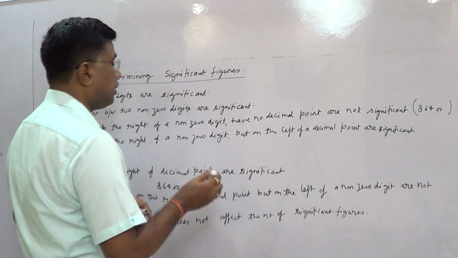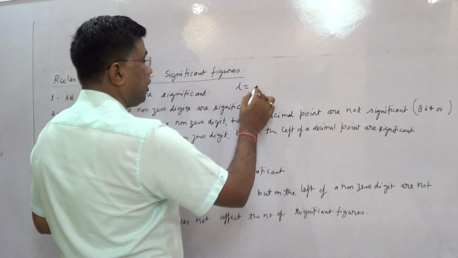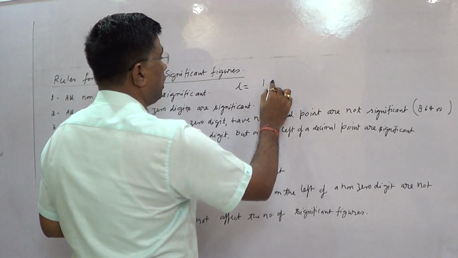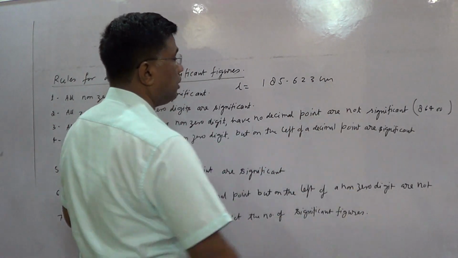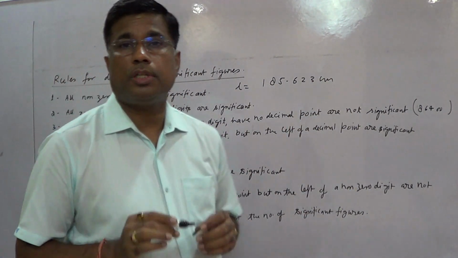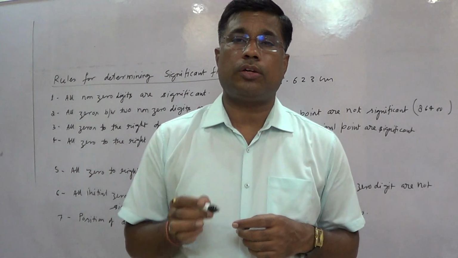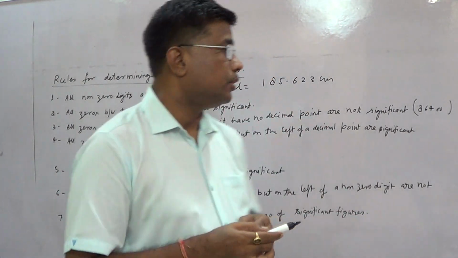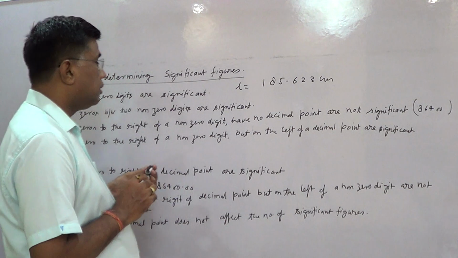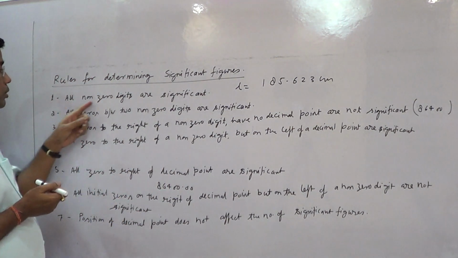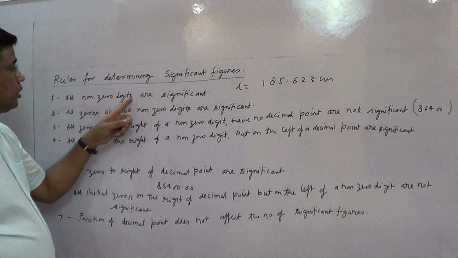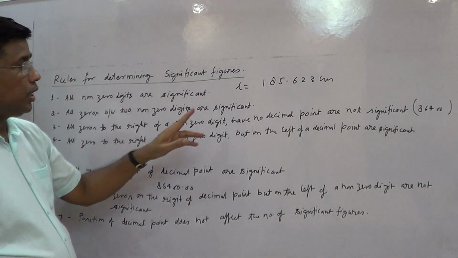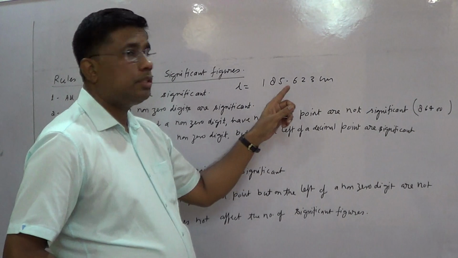Suppose anyone measures the length of an object as 185.623 centimeter. Students, don't think about which instrument is accurate. You have to think according to only the rules written here. According to the first rule, all non-zero numbers are significant. In this measurement there is no zero.